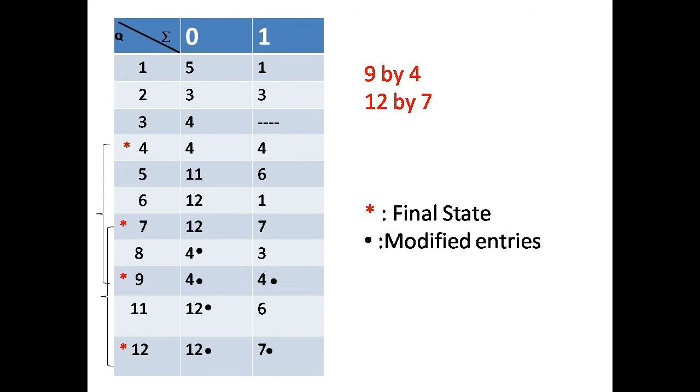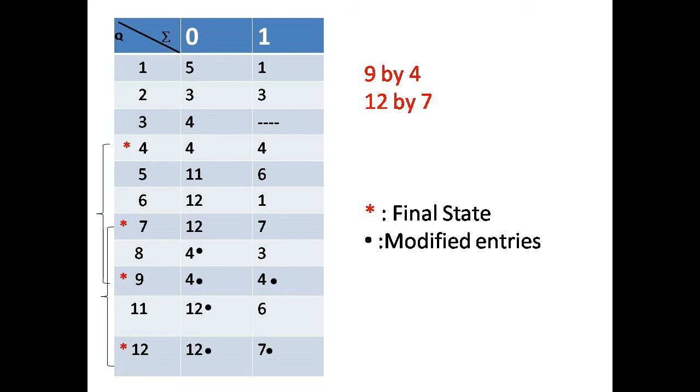In the table, again we can observe that state 4 and state 9 are equivalent and both are final states. Also, states 7 and 12 are equivalent and both are final states.